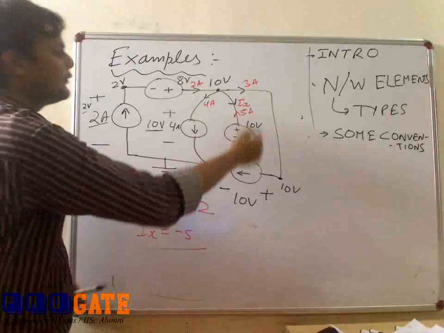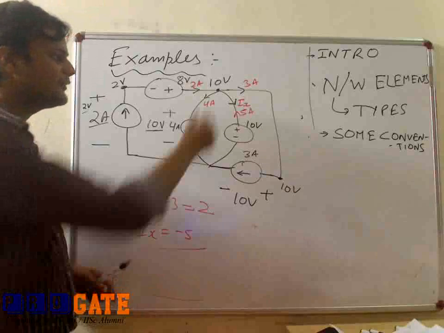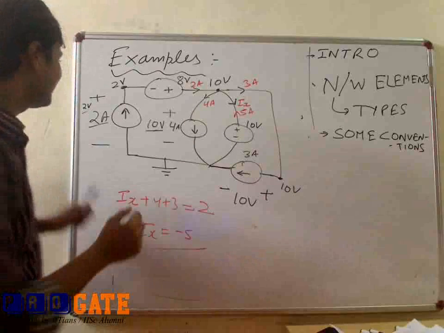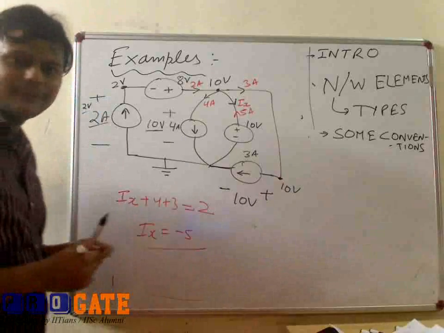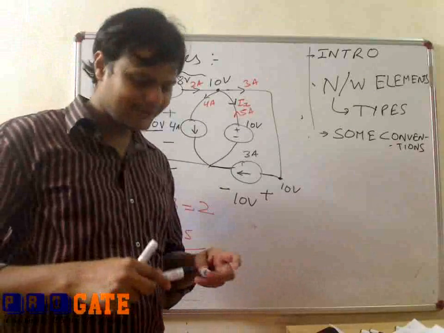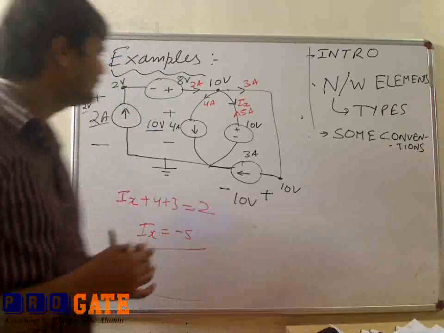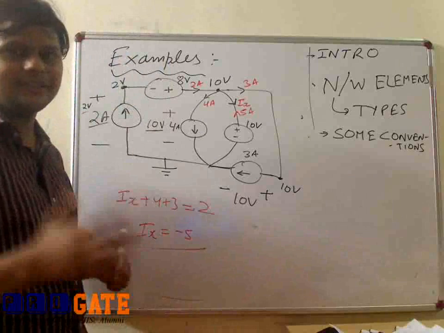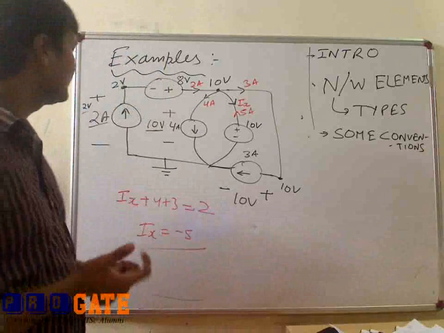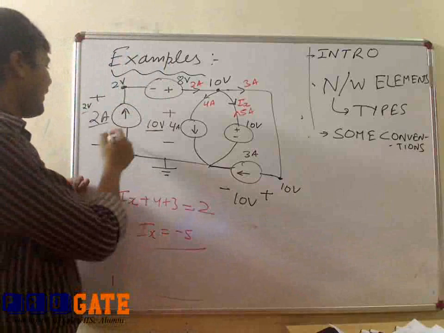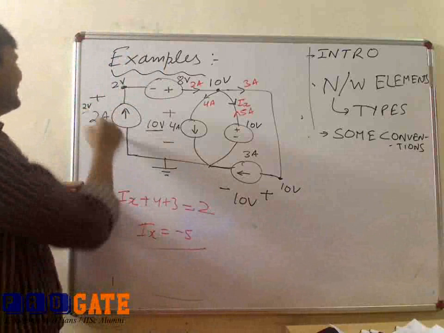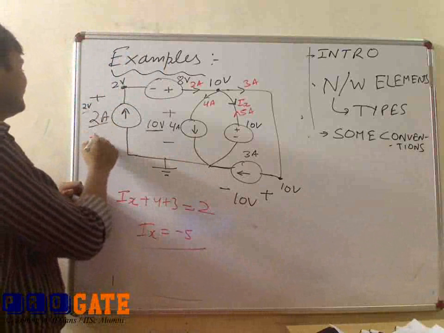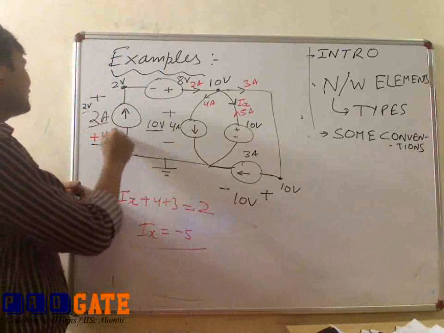So this voltage source is delivering the power. How much power again? 50 watts. So this is absorbing the power. If a source is absorbing the power, I will count it as negative power, and if a source is delivering the power, it will be taken as positive. So how much power is it delivering? Plus 4 watts.